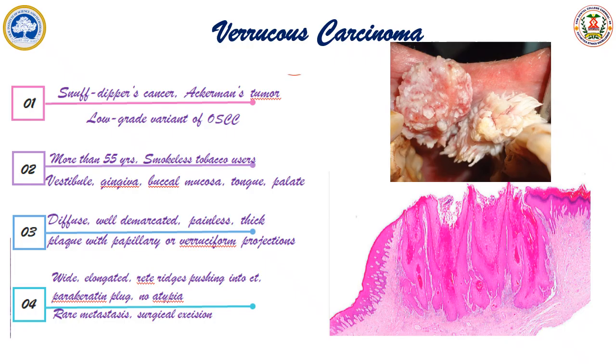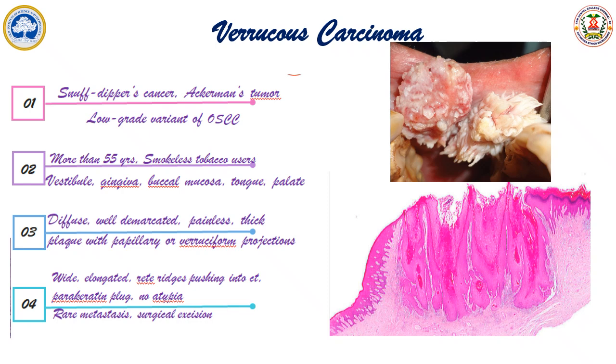and verrucous hyperplasia. Verrucous hyperplasia is exophytic, and the bulky ridges are in line with the normal mucosa. Verruciform shows exophytic and endophytic growth also, but it is similar to the adjacent normal mucosa, with not much endophytic growth beneath the rete ridges.